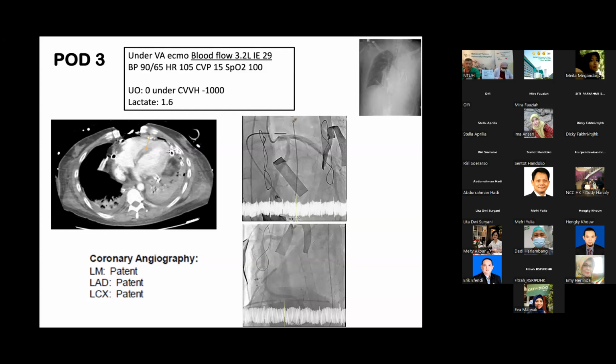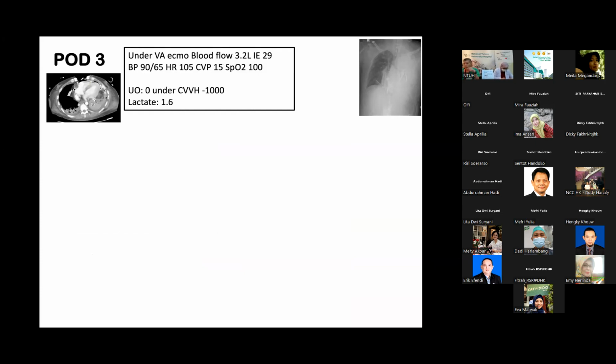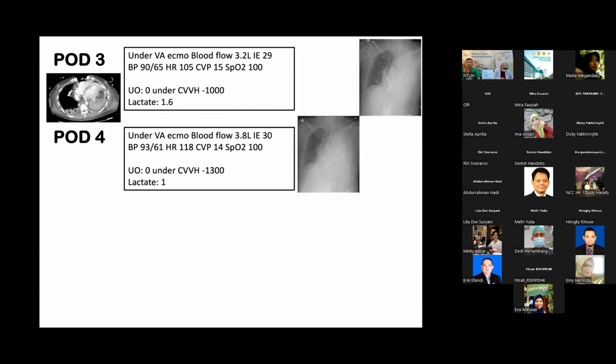For this patient, he was put on ECMO, and by day 4, still under ECMO support with a very high ECMO flow, the lactate became better and the hemodynamics more and more stable, except the left upper lung still had some hematoma.